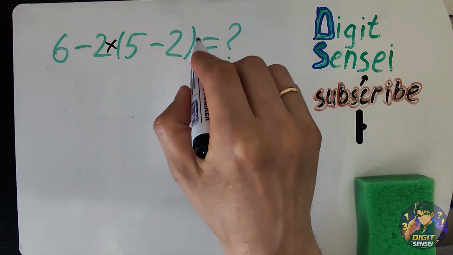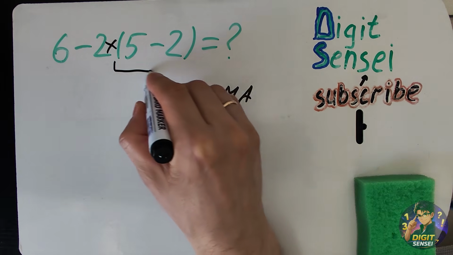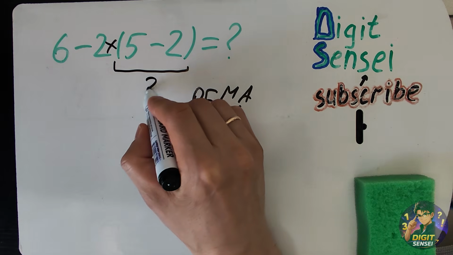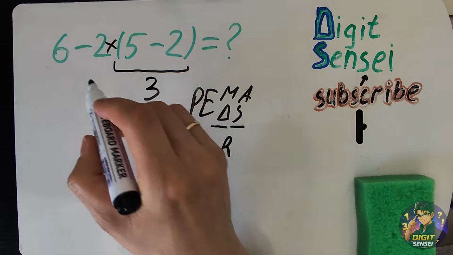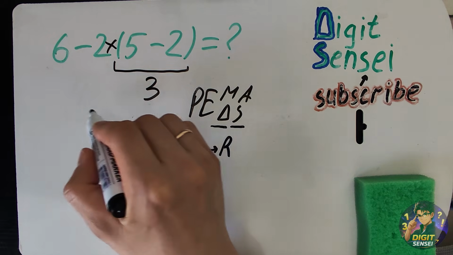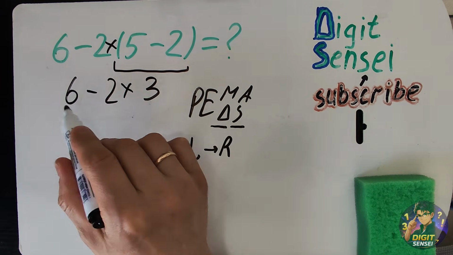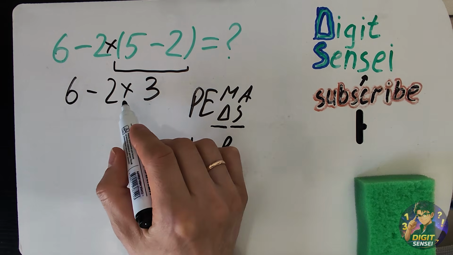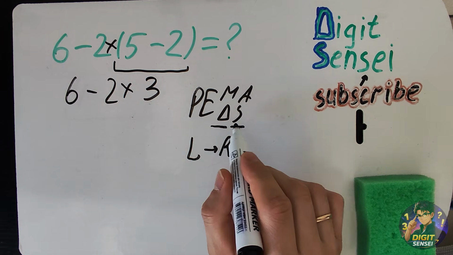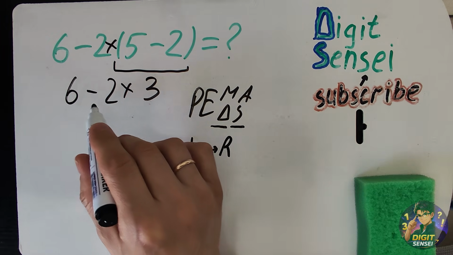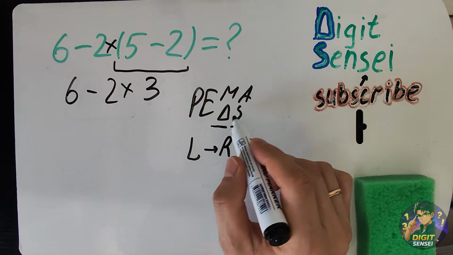So first we have to do this parenthesis. Inside this parenthesis we have 5 minus 2, which equals 3. So we have 6 minus 2 times 3. Now in this expression we have one subtraction and one multiplication. According to PEMDAS, multiplication has higher priority than subtraction, because multiplication comes before subtraction.